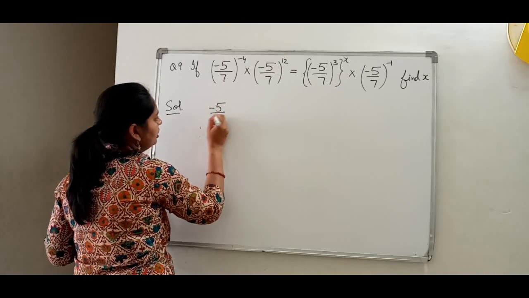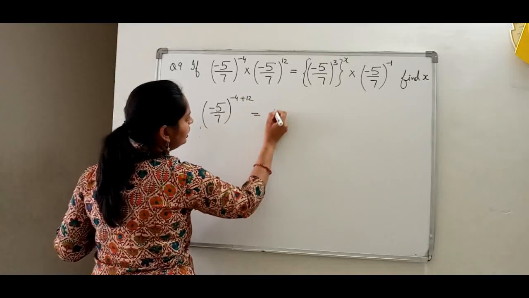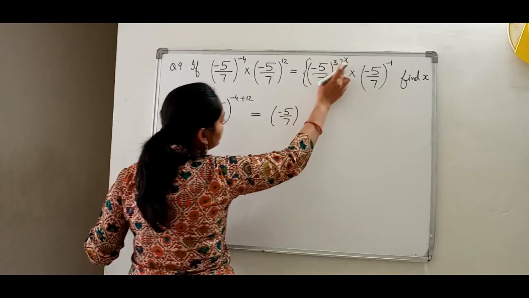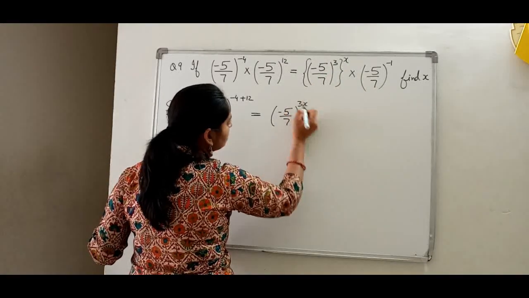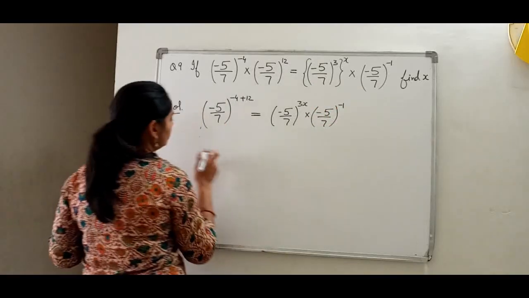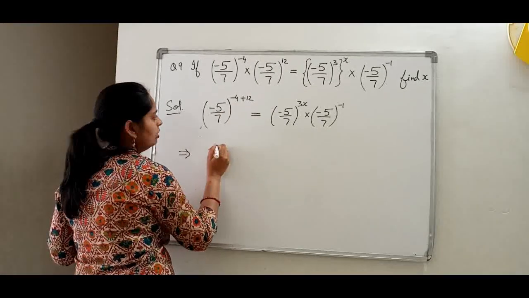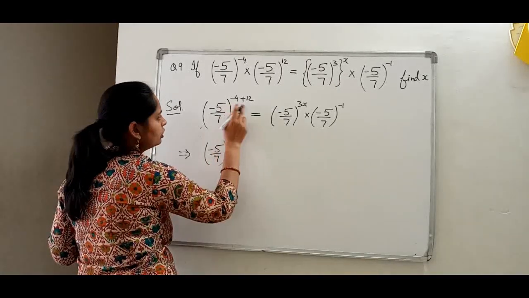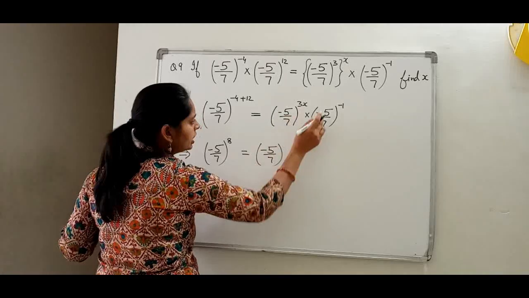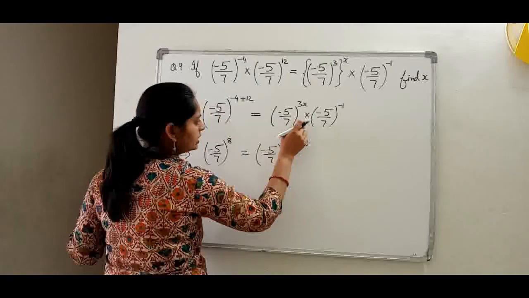So (-5/7)^(-4+12). And on the right hand side, equality is there: (-5/7)^(3x) multiplied by (-5/7)^(-1). What will you get here? (-5/7)^(-4+12) will give you 8, equal to (-5/7)^(3x-1), because it is added, 3x plus minus 1. Both are having the same base and it is multiplied over here.